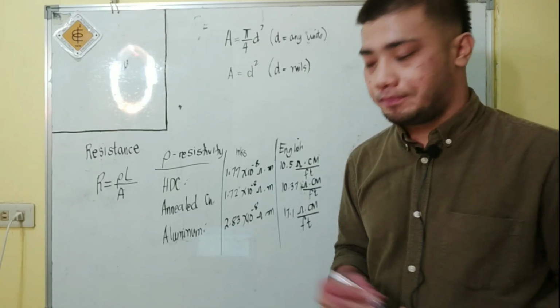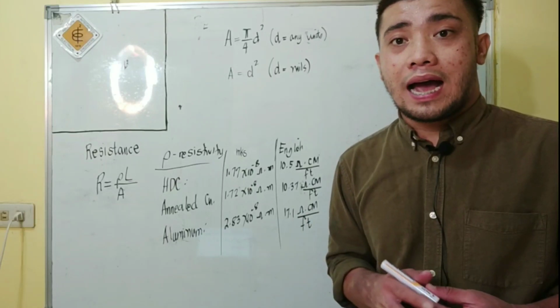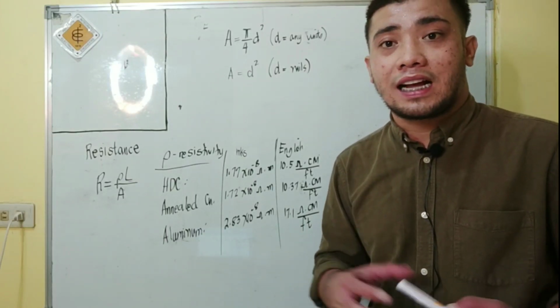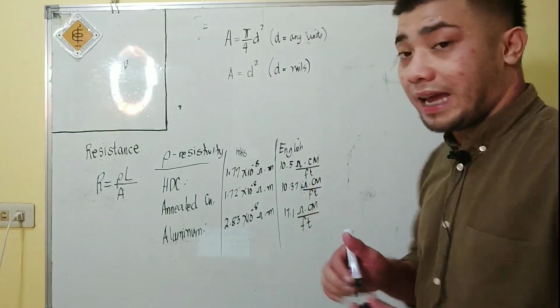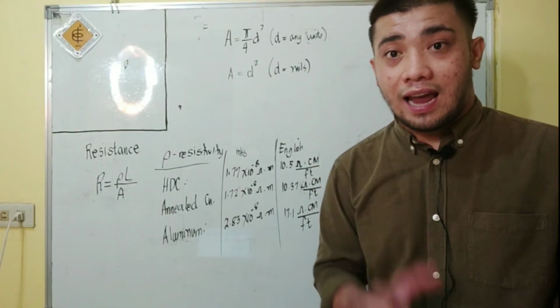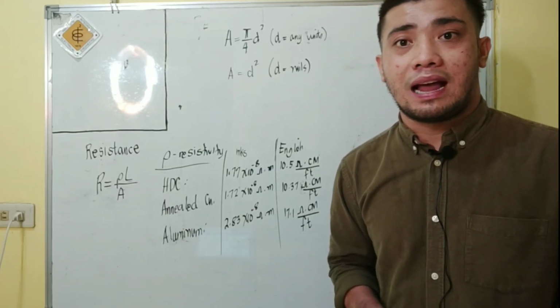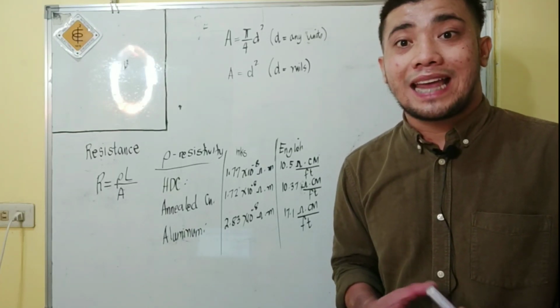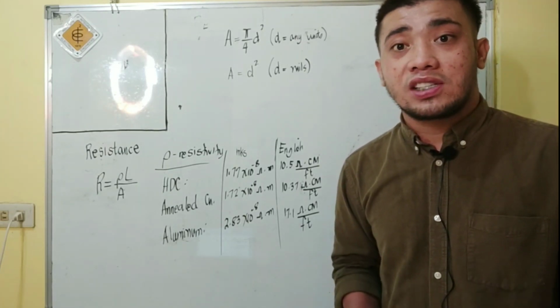Ano magiging pagkakaiba niya kung gagamitin mo ay ang diameter may mils at ang gagamitin mo both of the formulas? Okay, this will be the difference. Again, I want to reiterate that the area is equal to pi over 4 d squared. You can use that formula if your diameter is in any units. Example, if my unit is meter, my area is square meter.